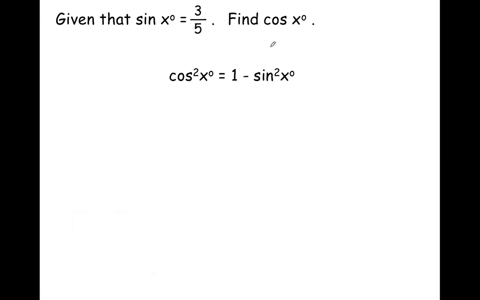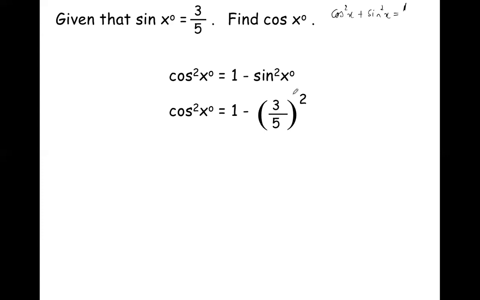The trig identity we said we could use is cos square x plus sine square x equals 1. You can rewrite this as cos square x equals 1 minus sine square x. Sine x is 3/5, so sine square x is (3/5) squared.